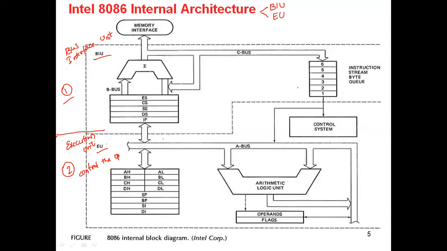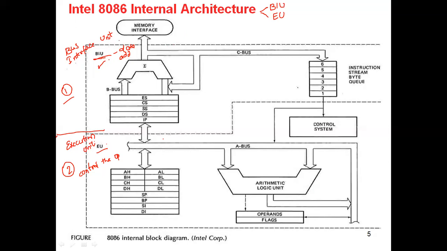The bus interface unit takes care of all data and address transfer on the buses for the execution unit, like sending the addresses, fetching the instructions from the memory, reading data from the ports and the memory, as well as writing data to the ports and the memory. All these things are done by the bus interface unit only.